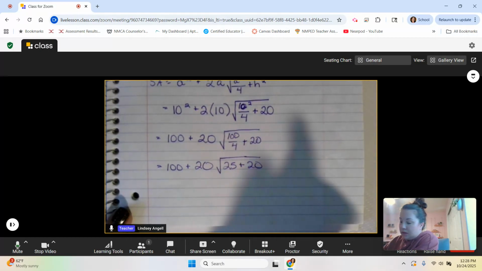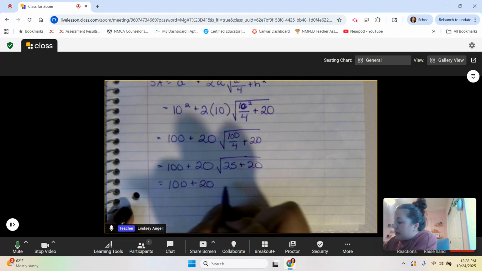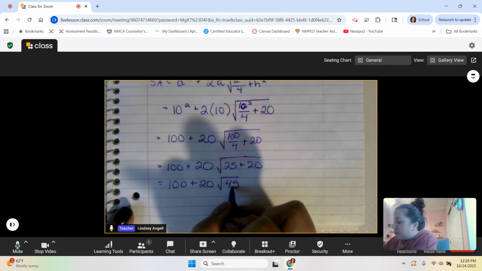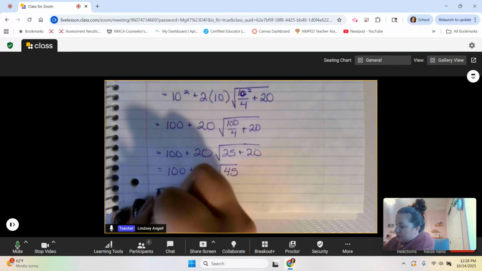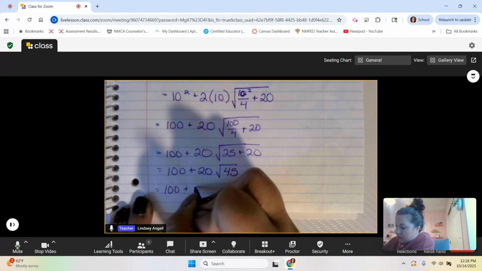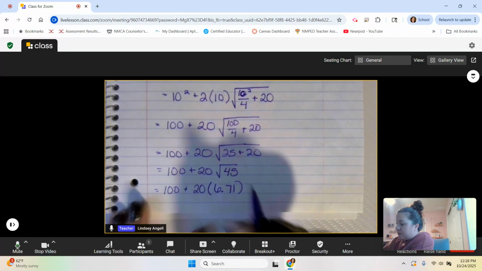Okay. 100 plus 20, and then the square root of 45. Well, let's figure out what is the square root of 45. Square root of 45, I just did on my calculator, is equal to 6.71.